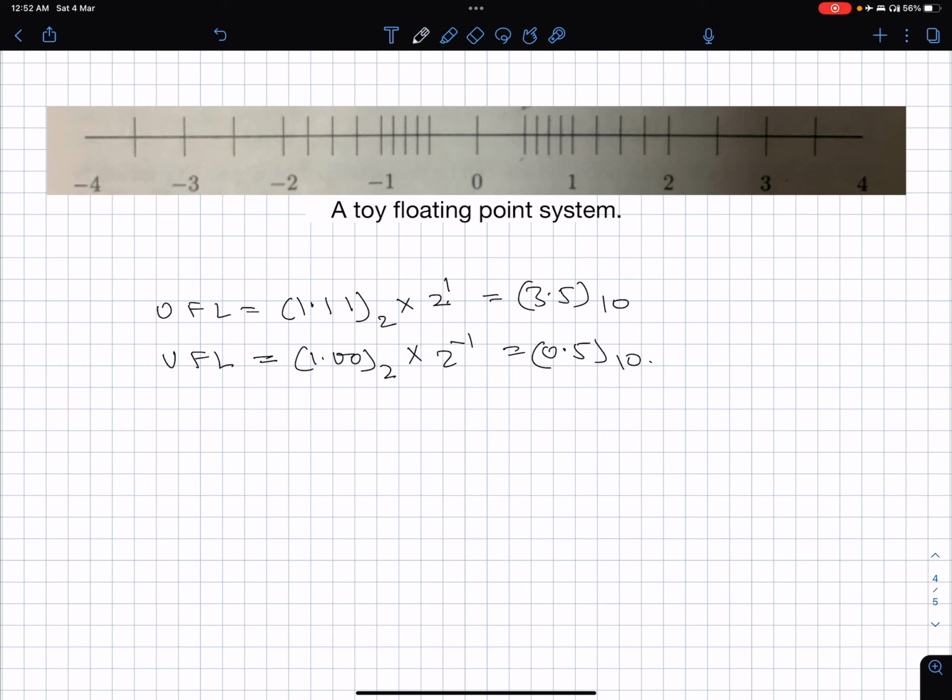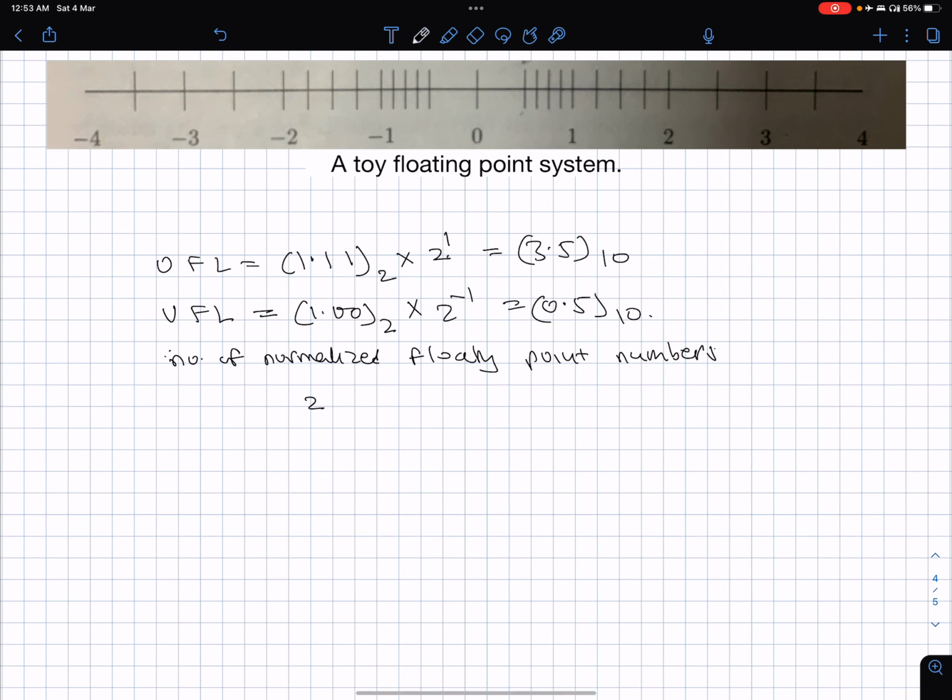And if you look at the total number of normalized floating point numbers, it is going to be 2 times (beta minus 1), which is 2 minus 1, times beta to the power p minus 1, so 3 minus 1, times (U minus L plus 1).